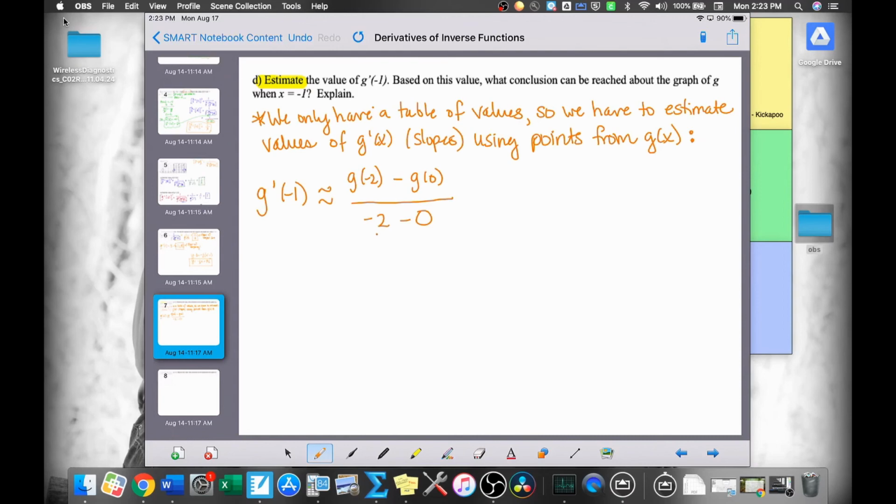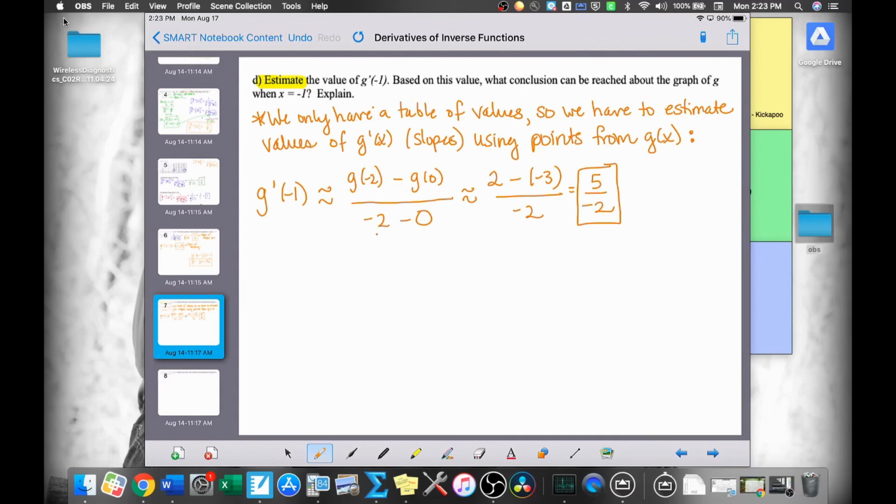Those are surrounding negative 1. Well, from the table, g of negative 2 is 2, and g of 0 is negative 3. 2 minus negative 3 is positive 5, so we end up with negative 5/2 for our answer, which is our slope of g at negative 1, or the value of g prime of negative 1.